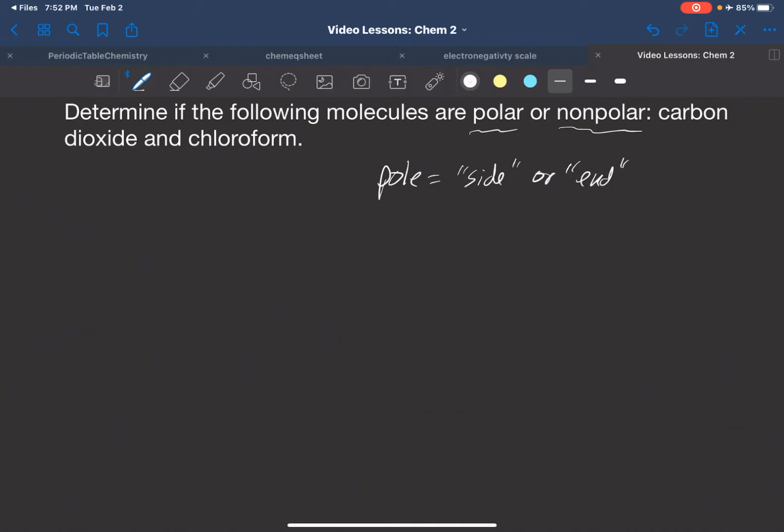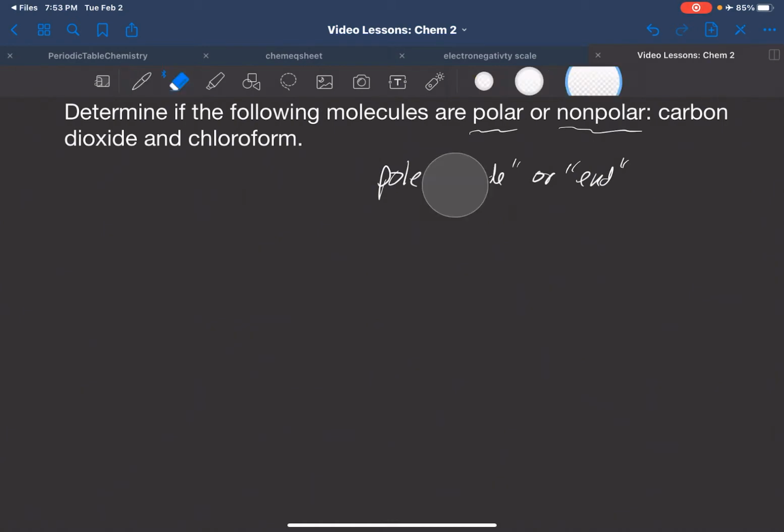If we're looking at whether or not a molecule is polar or nonpolar, we're looking at whether one side or end, or multiple sides or ends, of the molecule, or it could be an ion, but typically right now, because ions carry a charge, obviously, we're just wanting to know about the molecule itself: does it have some asymmetry or some symmetry to it, which would determine if it's polar or nonpolar.